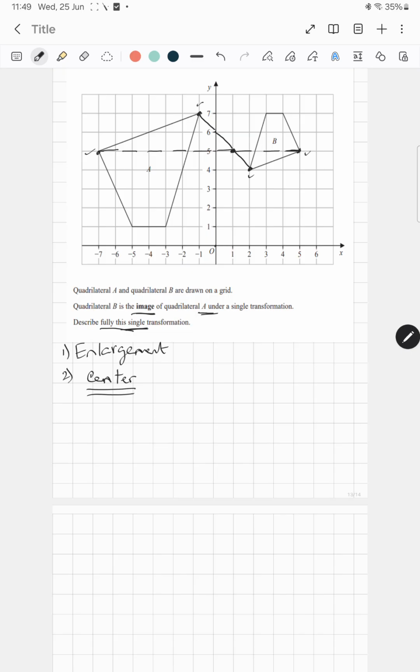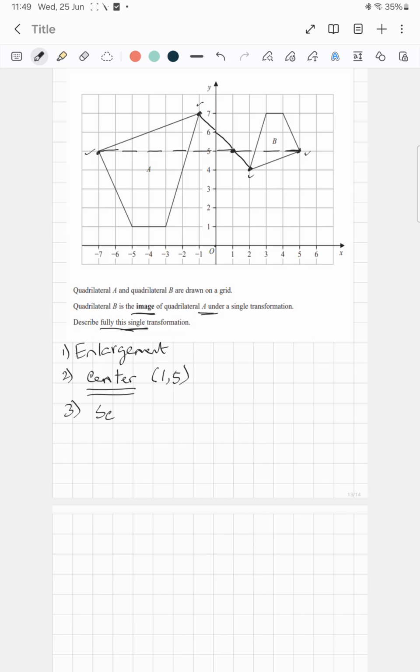When these lines meet at a particular point, this is basically the center, which according to this graph is 1, 5. So this is how you find the center in enlargement. You join the corresponding vertices of the image and the object, and the point where they meet will be the center.